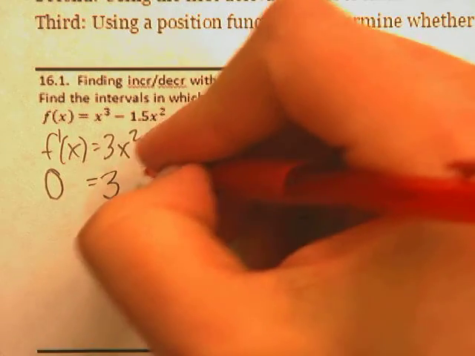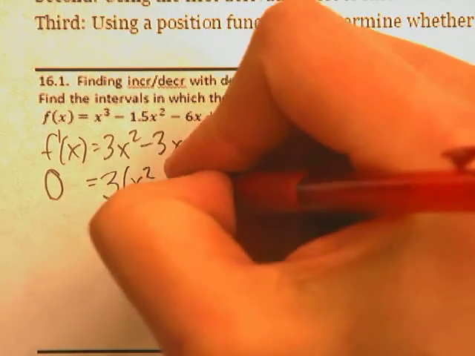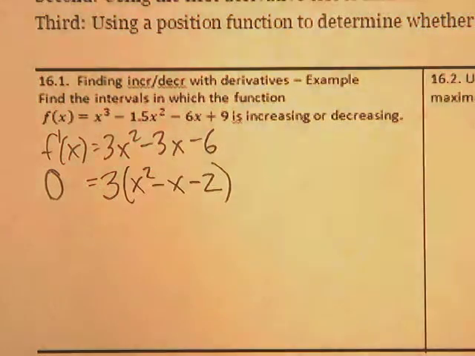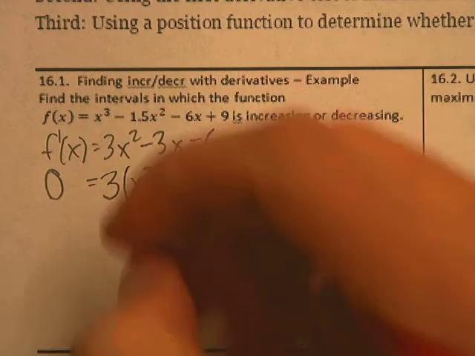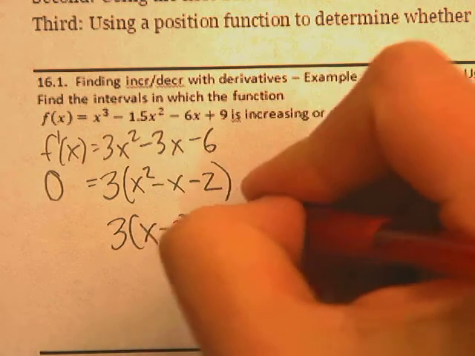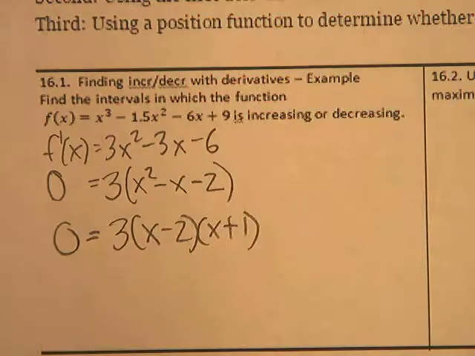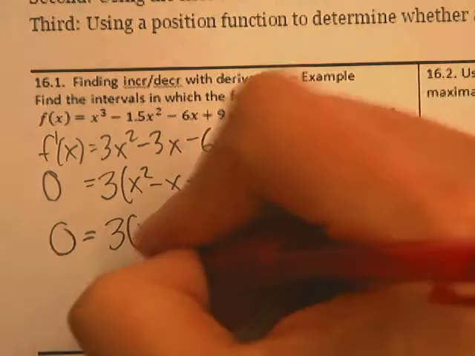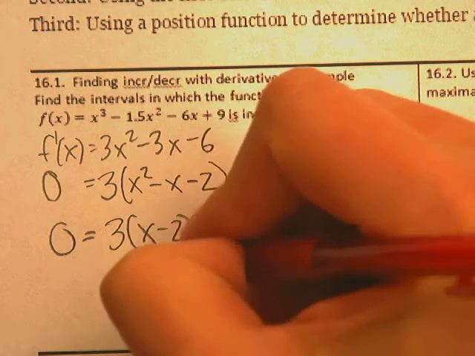So let's see, 3 times x squared minus x minus 2. This is another easy factor. It's going to be x minus 2 and x plus 1. And so we have our critical points. They are x equals 2 and x equals negative 1.